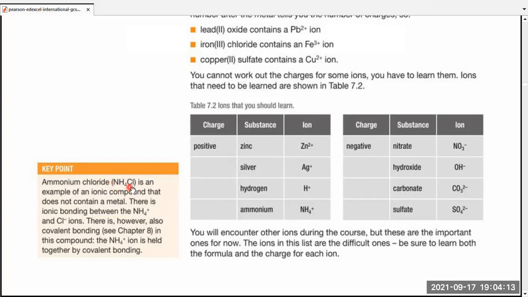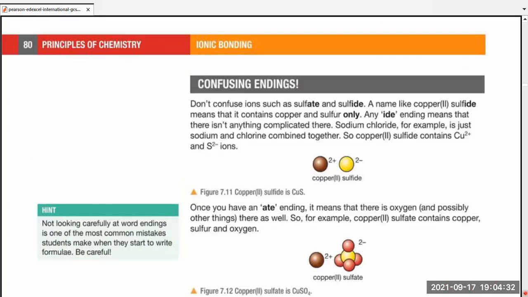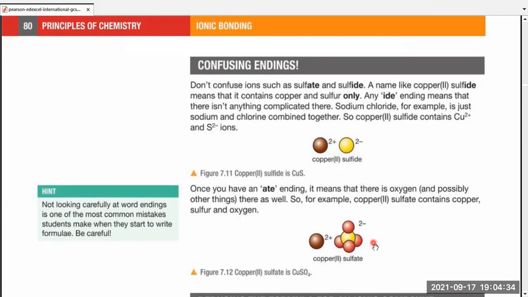Ammonium chloride, or NH₄Cl, is an example of an ionic compound that does not contain a metal. There is ionic bonding between the ammonium ion, NH₄⁺, and the chloride ion, Cl⁻. There is, however, covalent bonding within the ammonium ion, which will be discussed in the next chapter.